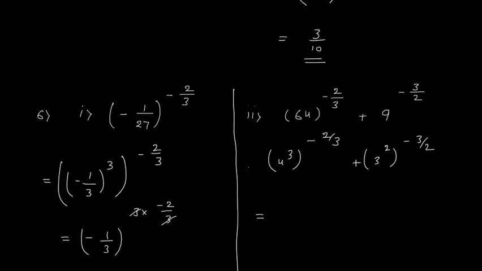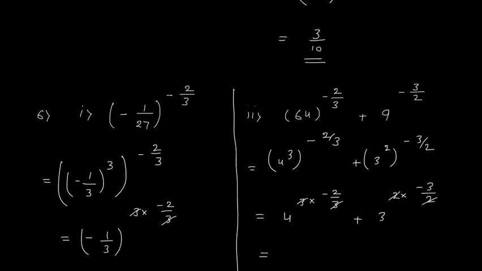So this is 4 power 3 into minus 2 divided by 3. This 3 and 3 will cancel. Plus this 3 power 2 into minus 3 divided by 2. So this 2 and 2 will cancel.